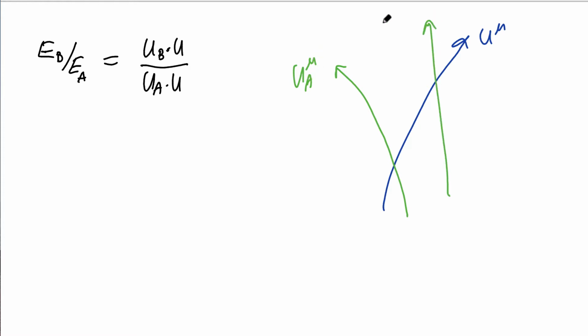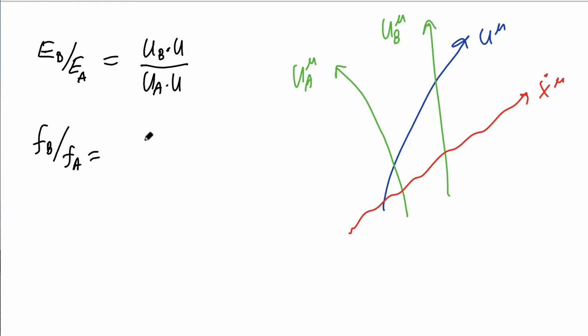Here's my observer B with 4-velocity UB. And we also have a photon. So let's say here's a photon with tangent vector x dot. And now the frequency measured by observer B is related to the frequency measured by observer A by the ratio of UB dot x dot to UA dot x dot.